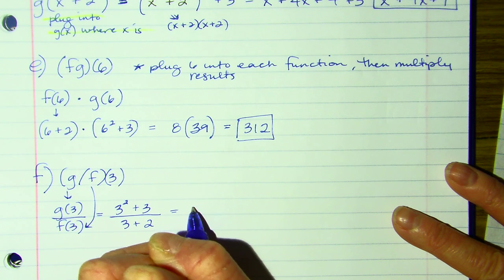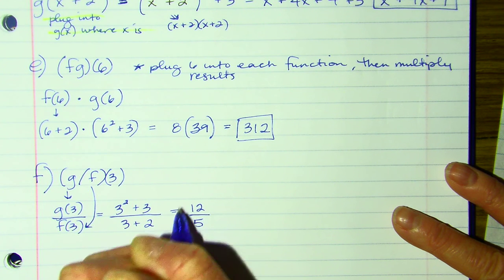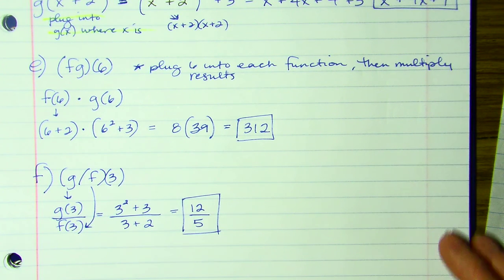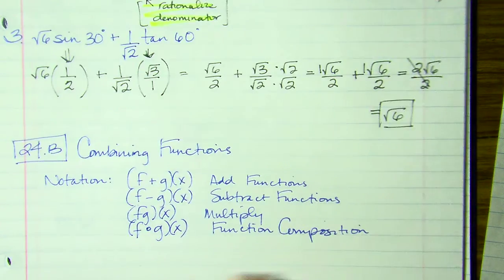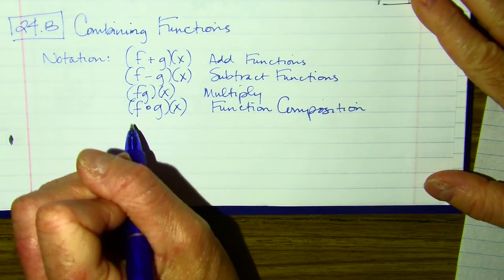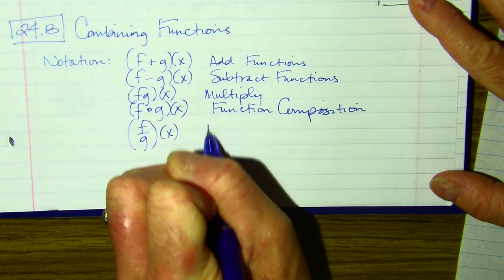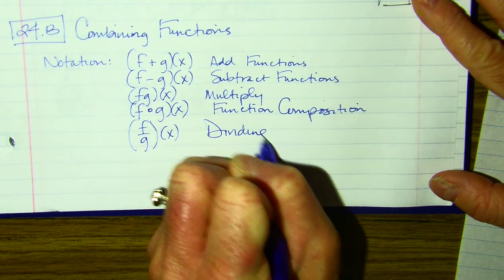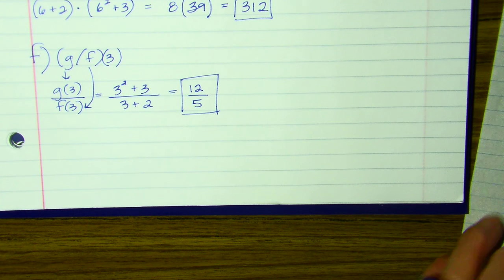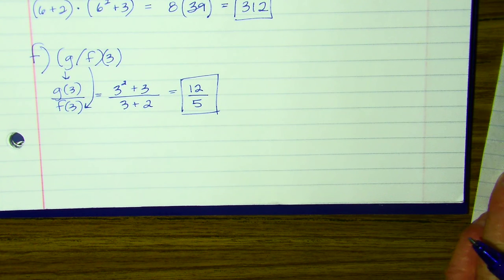So this would give me 12 over 5, which is your answer because I can't simplify 12 over 5. So I should have added that in here. You can also have f of x dividing. So my apologies.